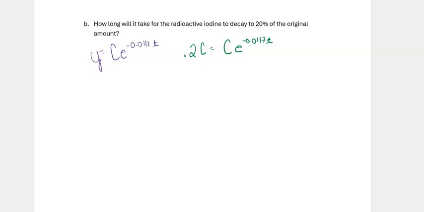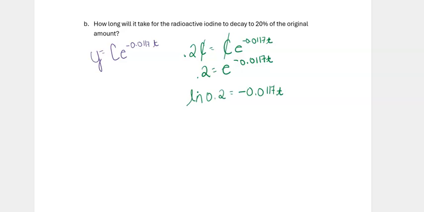Now the first thing I can do is cancel my c's, because if I divide both sides by c, they go away. So I'm left with 2/10 equals e to the negative 0.0117t. So to solve for t, I take the natural log of both sides, so natural log of 0.2, or 2/10, equals the natural log of e raised to that power, which gives me just negative 0.0117 times t.